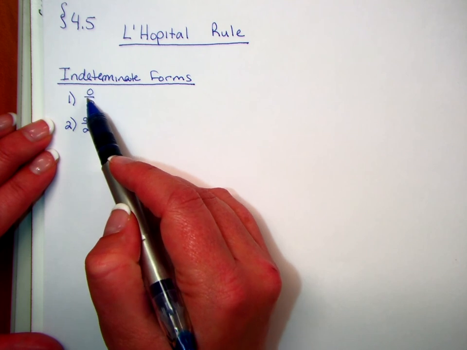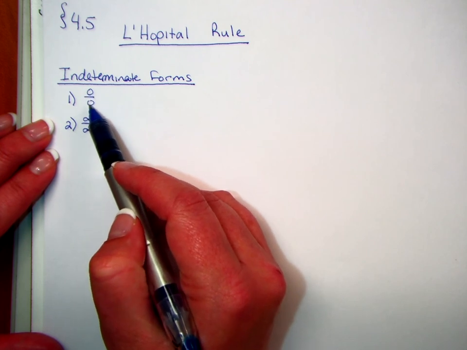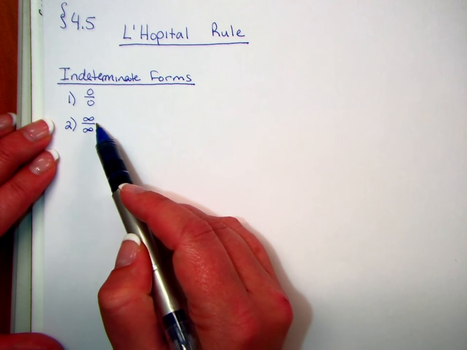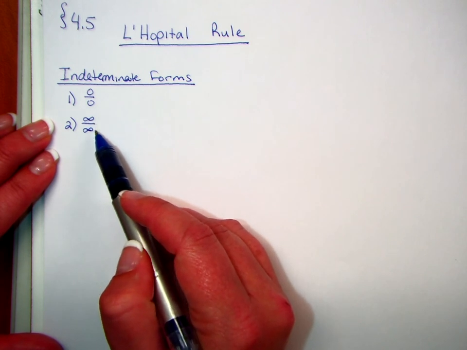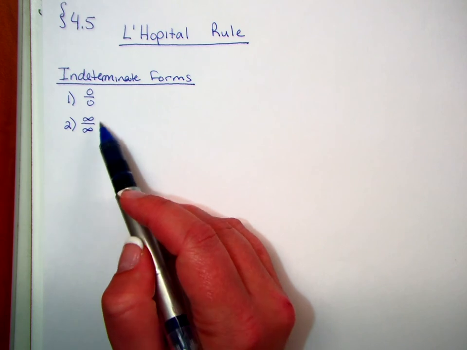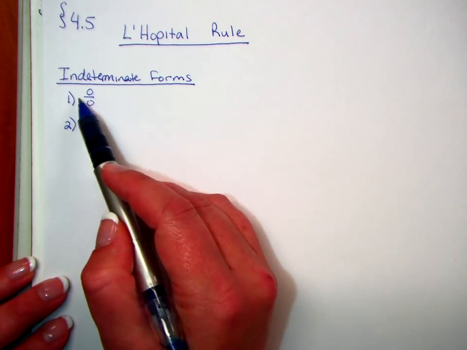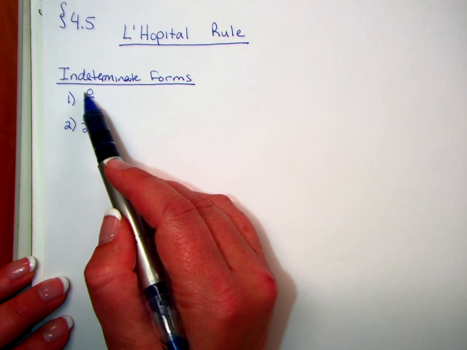And if both functions are going to 0, this is what we call an indeterminate form. Or if both functions are heading to infinity, we call this an indeterminate form. And what we mean by that is that the answer isn't always the same, right? Because functions will head to 0 at different rates.